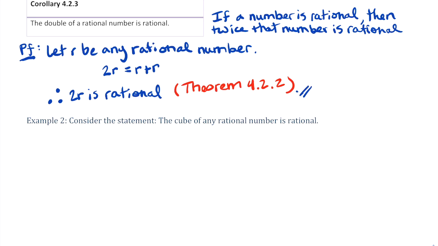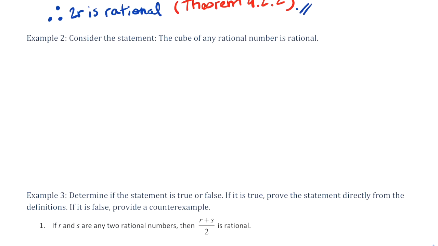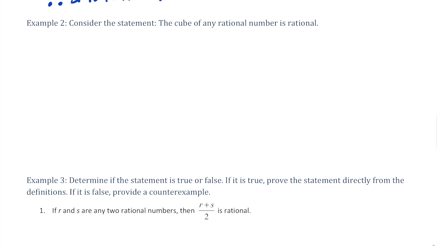Cool? All right, so here, let's consider this statement: the cube of any rational number is rational. Let's go ahead and prove this using the definition of rational numbers. So let's officially restate this.